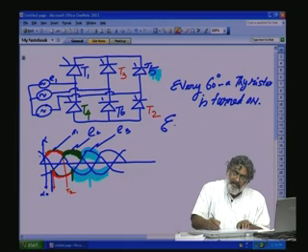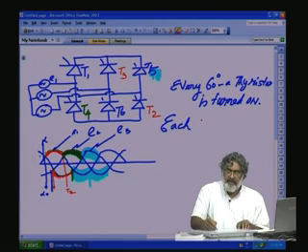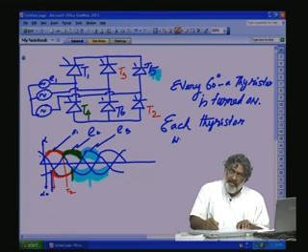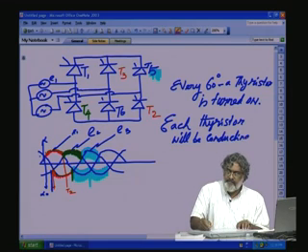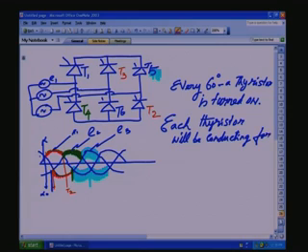Each thyristor will be conducting for 120 degree duration.